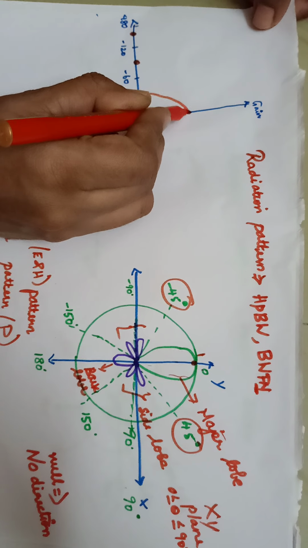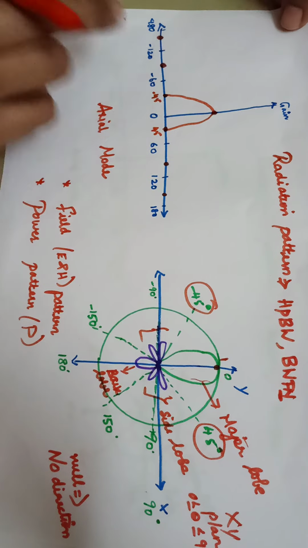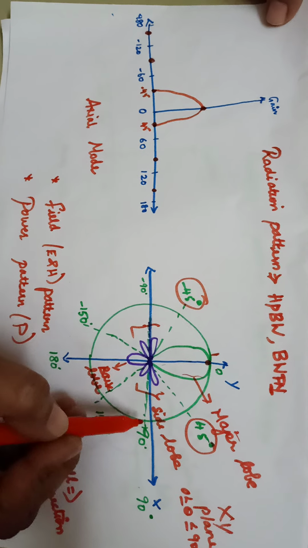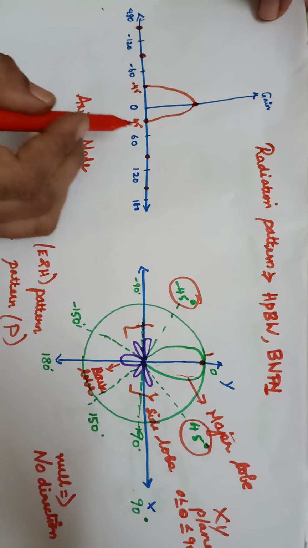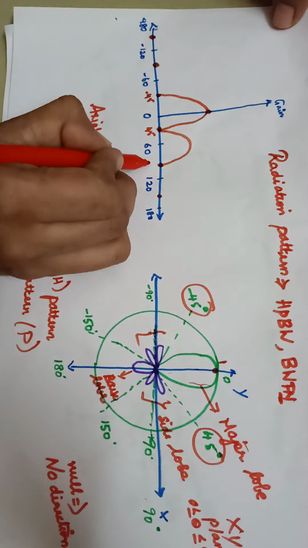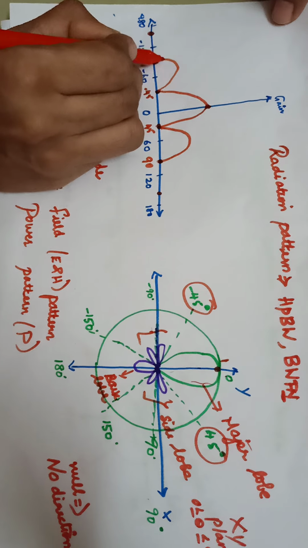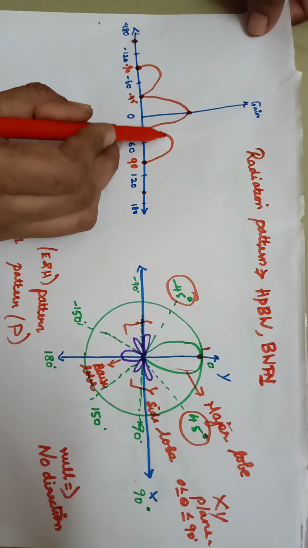I'm starting like this. It is maximum here, so this is the major lobe, the same diagram I've drawn here. Next, plus 90 and minus 90: the next null occurs at plus 90 and minus 90. These two lobes I've drawn like this.